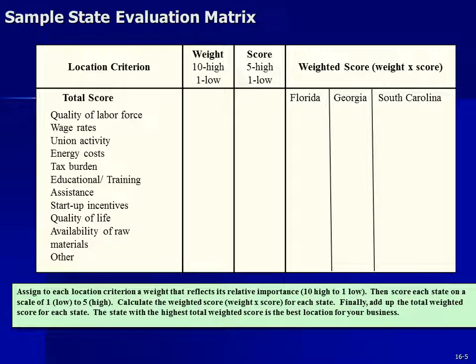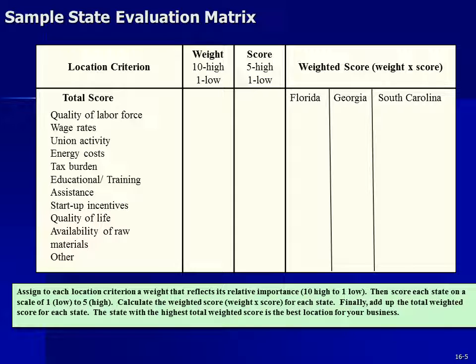Depending upon these factors, you have to assign the weight and the score in all the three states or cities. Even if you are planning to start your business in a particular city of a fixed country, then you have to put the city names here. At the end you add the total, and see the one which has the maximum score.